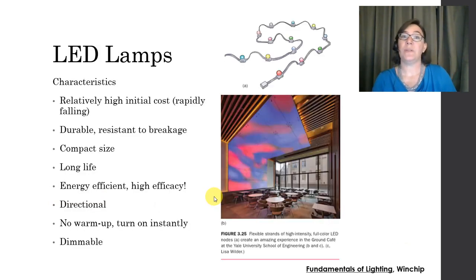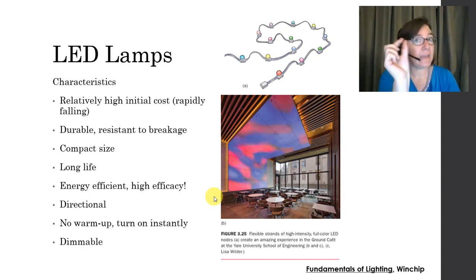So what are some characteristics of LED lamps? Well, they have a relatively high initial cost compared to the fluorescent and the incandescent. As technology changes and matures, that cost is falling, but it's still a little higher. LEDs are durable and resistant to breakage. In general, you can drop them, whereas we all know what happens if you drop an incandescent bulb. They are compact in size.